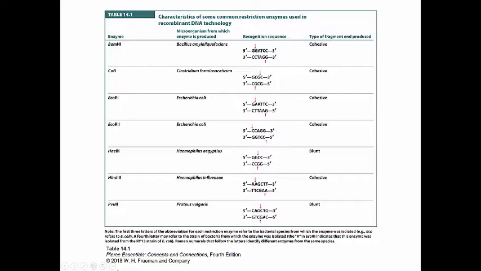A 6 base pair sequence somewhat less frequently, but still, in a large genome, such as the human genome, or really any eukaryotic genome, you're going to get a lot of cuts and a lot of pieces of DNA. But in a bacterium with a small genome, 2 to 5 cuts or something might be a lot more typical and make using these restriction enzymes a bit more manageable.